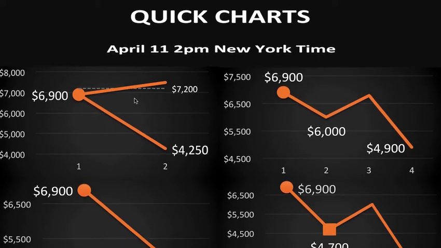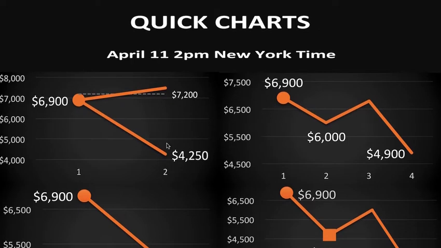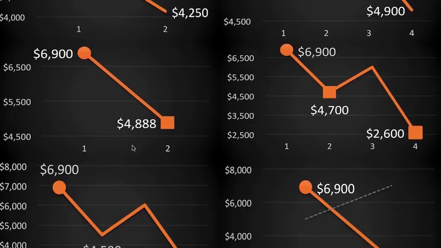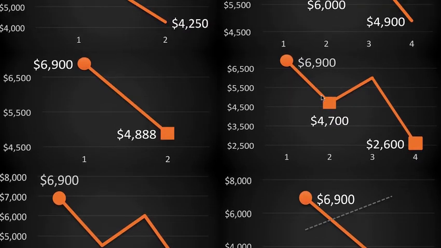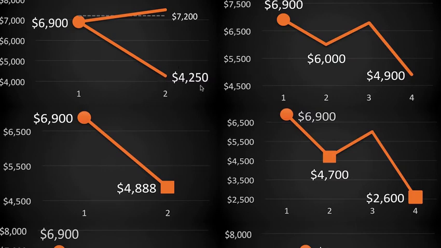This is just the Quick Charts illustrations, and we have more details below, but let's just look at the illustrations. If we look at the four, we see a lot of similarities. We see the next major price move: 4,500, 4,888, 4,700, 4,900, 4,250.